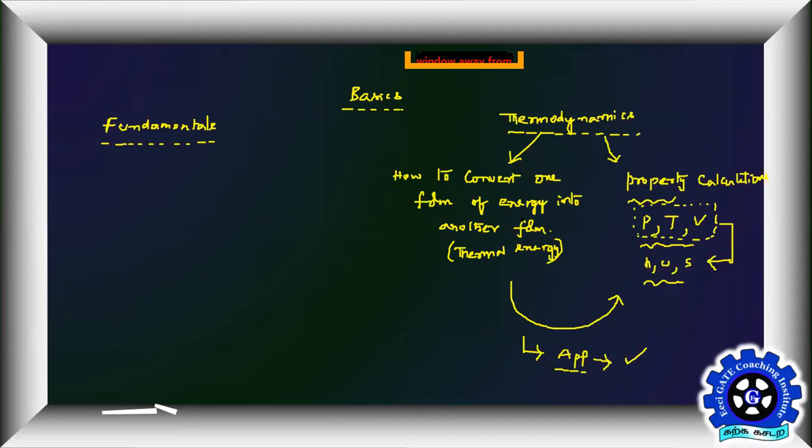At every part of your thermodynamics, you should check these points: number one, whether you know the different kinds of energy conversions; number two, whether you know the property calculations to calculate your energy conversions. If you know these things, we'll jump into the second part like applications. That's what we do at every point. Is it clear?